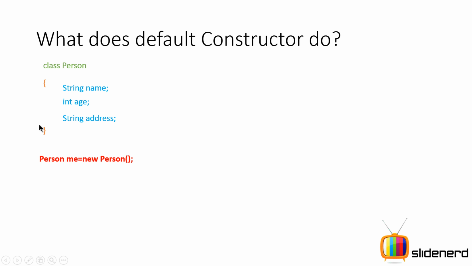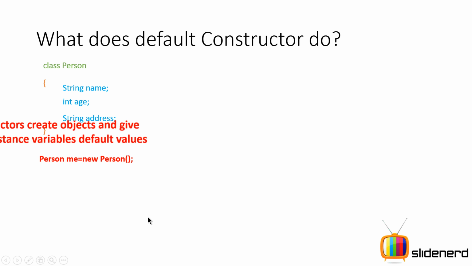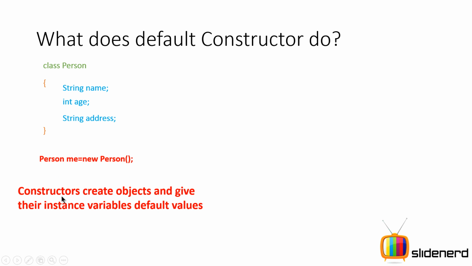So to create an object of this class, what I would say is Person me = new Person(). Now what happens? Constructors create objects and give their instance variables default values, which means the name, age, and address variables need to be given some default values before your object can actually work.